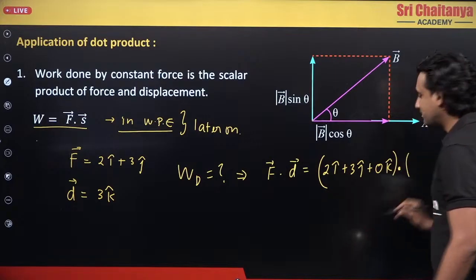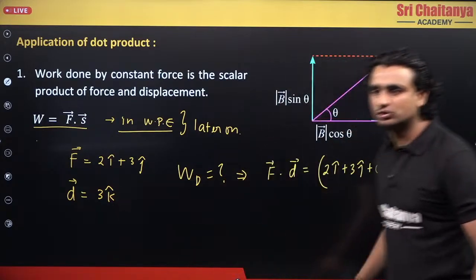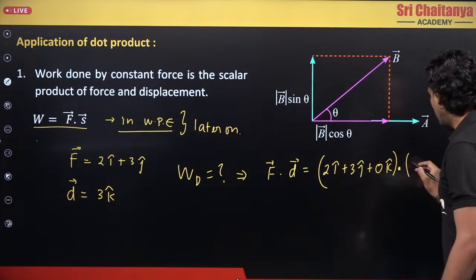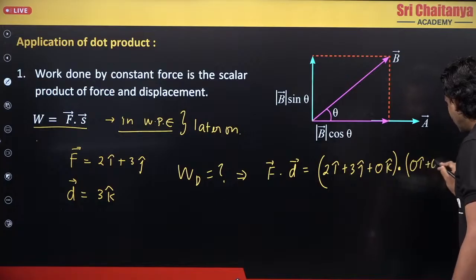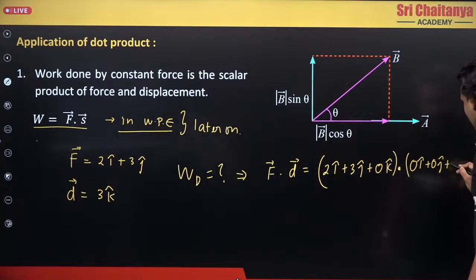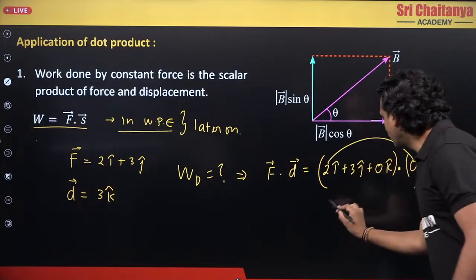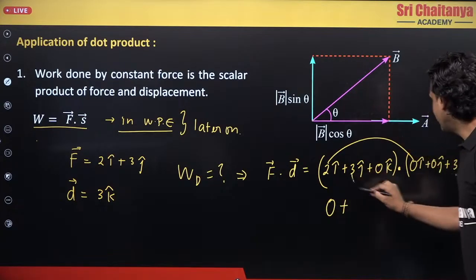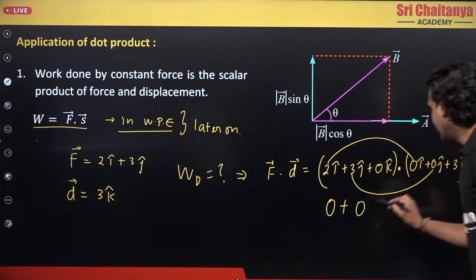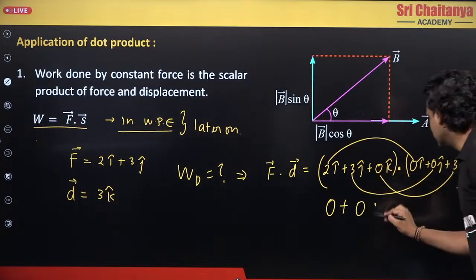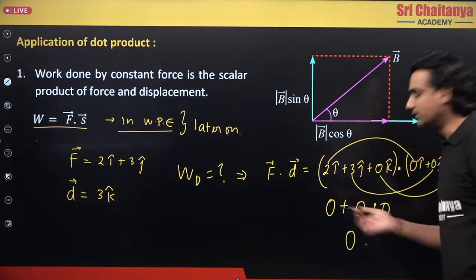Dot, the displacement vector is 3k cap, where x is 0i cap and y is also 0, but k is 3k cap. Just multiply. 2 into 0 gives 0, plus 3 into 0 also gives 0, and finally 0 into 3 also gives 0. So finally the total work done is 0.